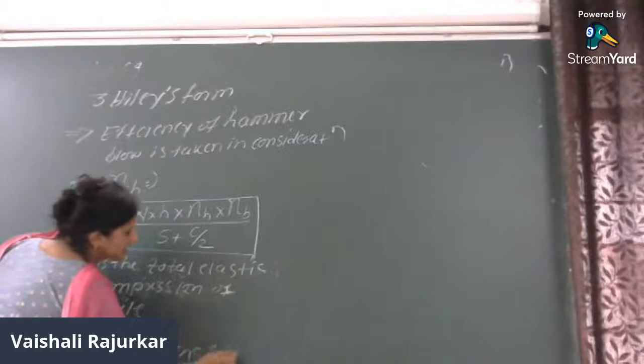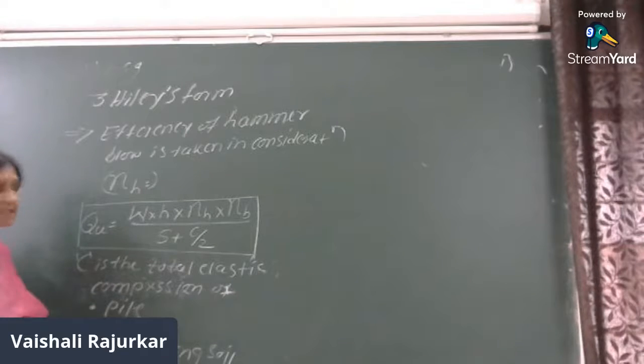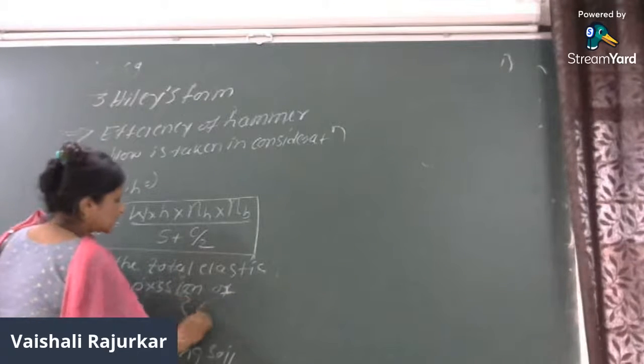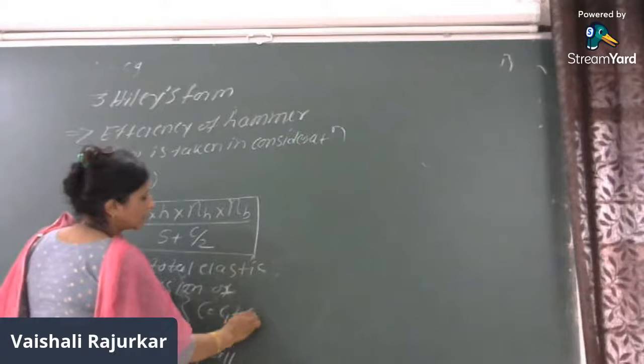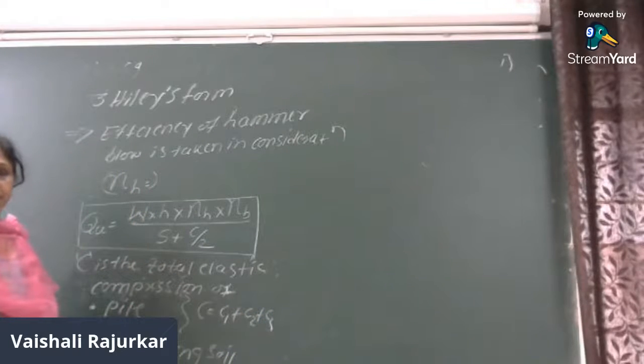So this is basically C is equal to C1 plus C2 plus C3. So these things are given in the numerator, right?